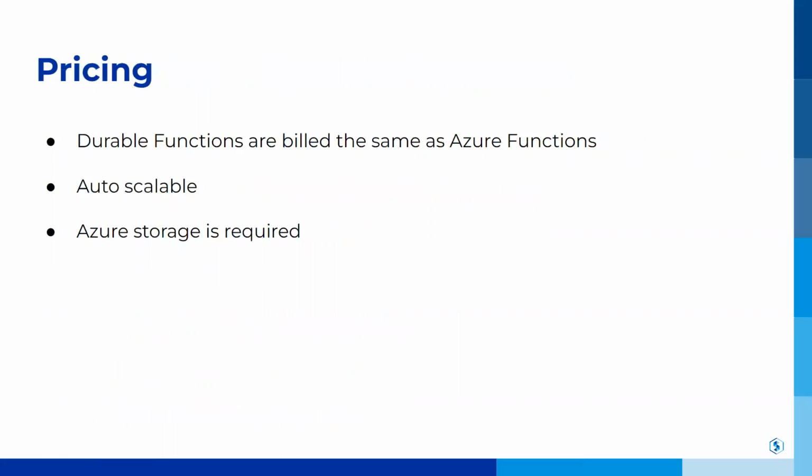And now talking about pricing, durable functions are, like I said before, basically just another Azure function application. So it's going to be billed the same way, which is by time of use. For this very reason, it is auto scalable in some way, because you're going to be charged just by the time it takes for all the functions to run. In fact, I think there's a free tier, which is something ridiculous, like 1,000 hours or something like that.